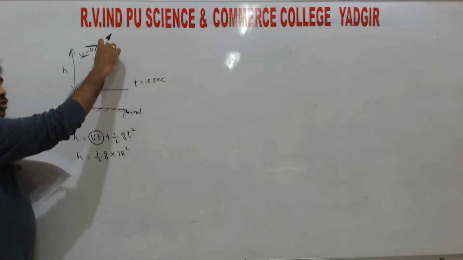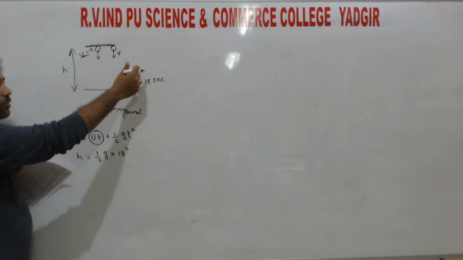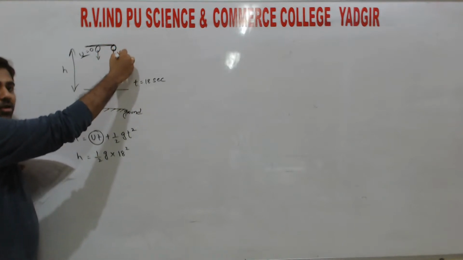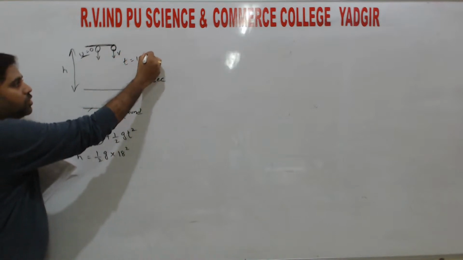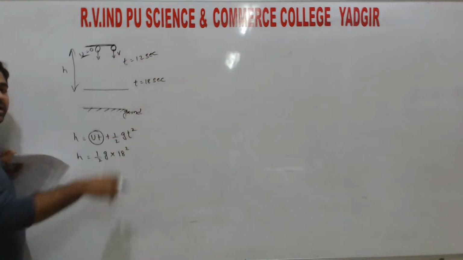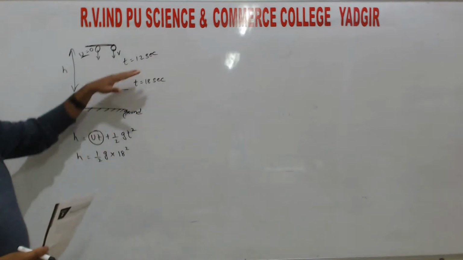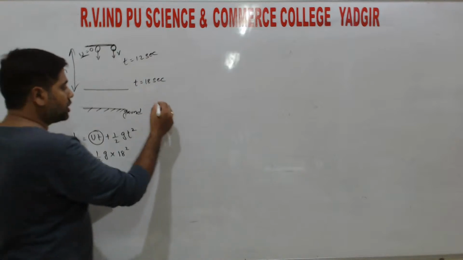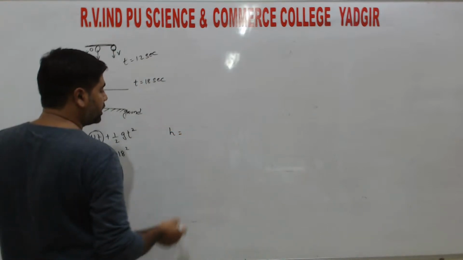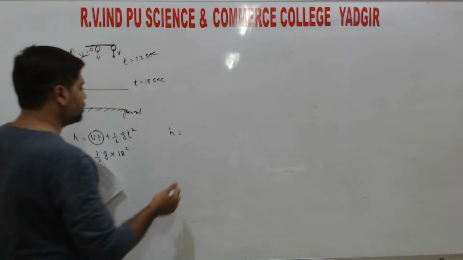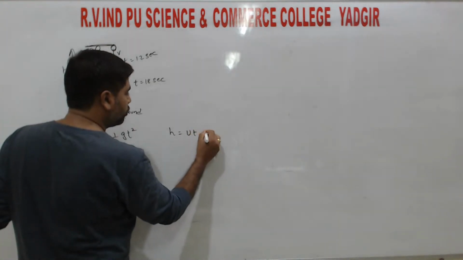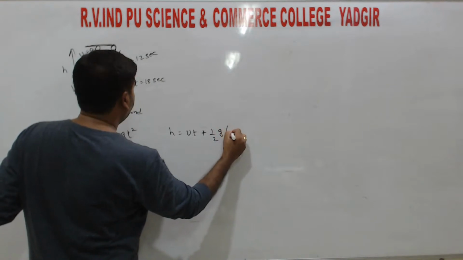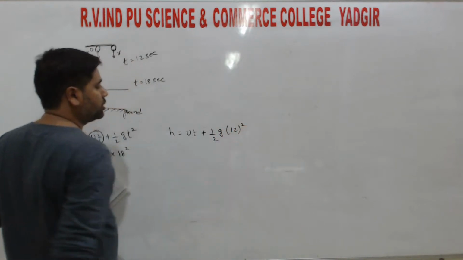This other ball is thrown after 6 seconds. That means the time taken by the ball moving with some velocity v is 12 seconds, that is 18 minus 6, we get 12, right? So they meet at the same height at the same time. So h equals ut plus half g t square, with 12 square.